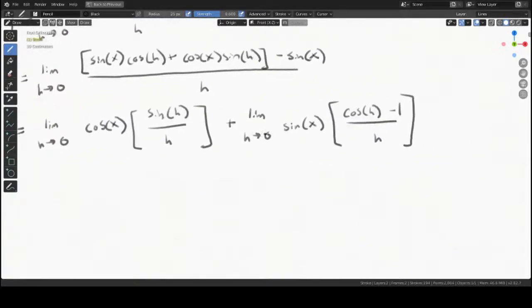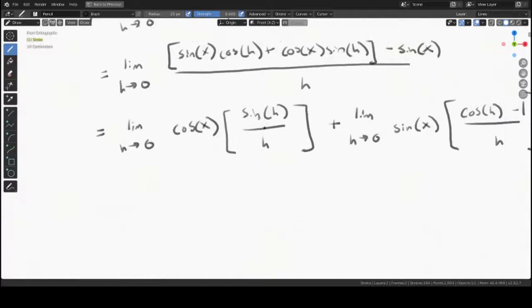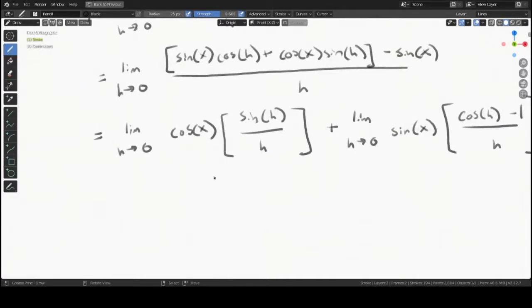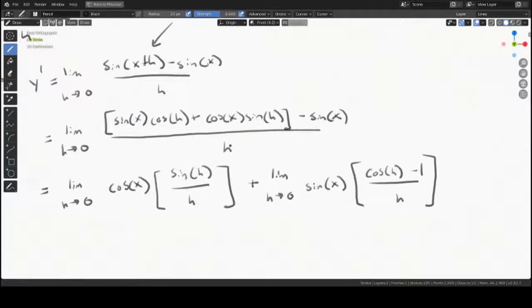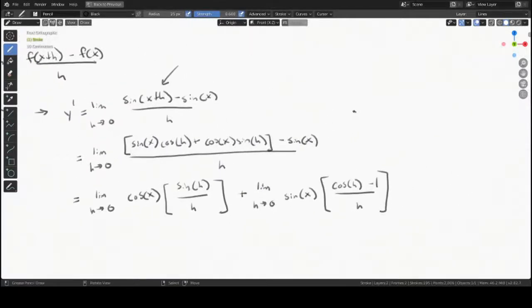Let's go ahead and take this first one right here. It's difficult, so I'm probably not going to prove this here, but we can get an intuition for it, where sine of h gets closer and closer to h as the angle gets smaller and smaller. This is the small angle approximation, where sine of h is approximately equal to h for very small angles.